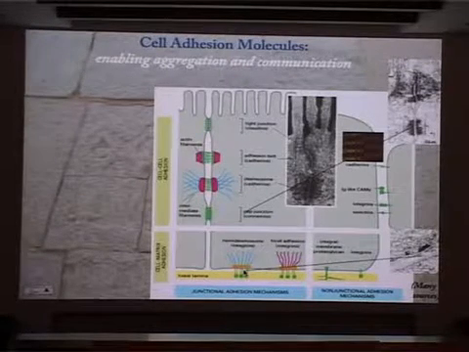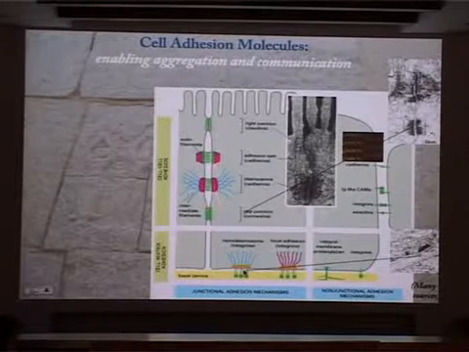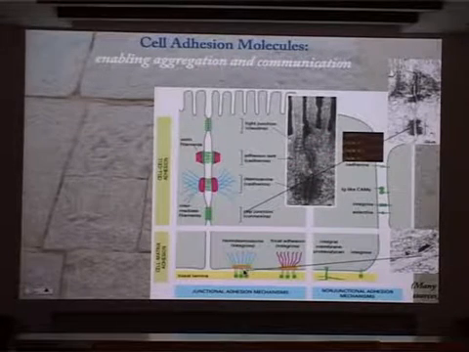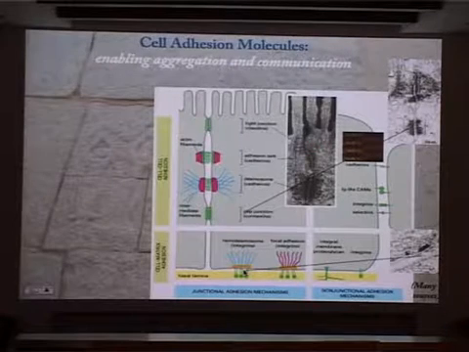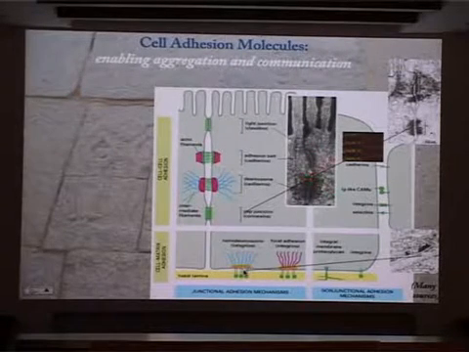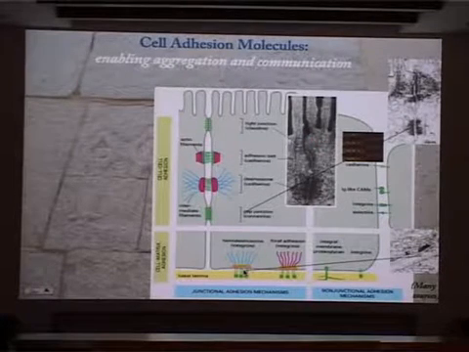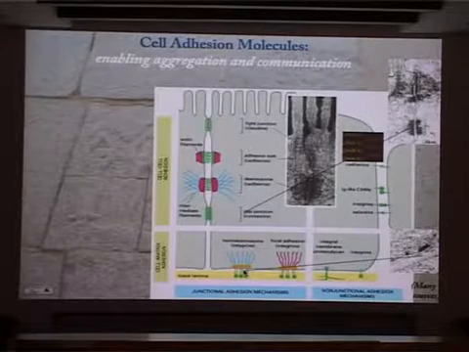And there are many different classes of adhesion molecules that are located in regions of the cells that can be seen as distinct structures if you look at them using an electron microscope. So here's one, here's another, here's another. So they are also ultrastructurally distinct structures, and they contain these molecular complexes.